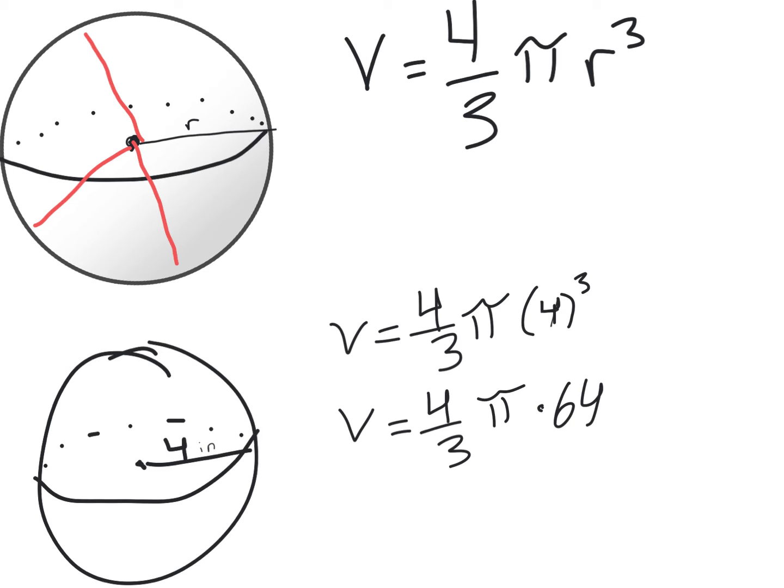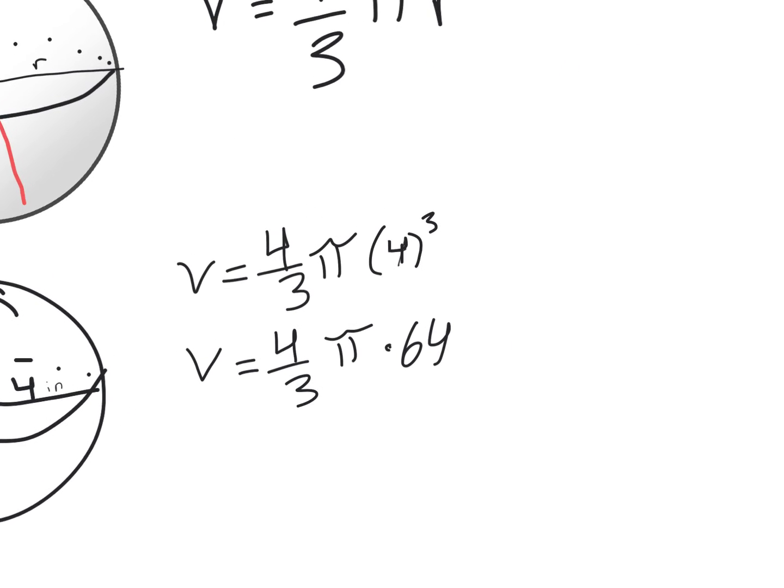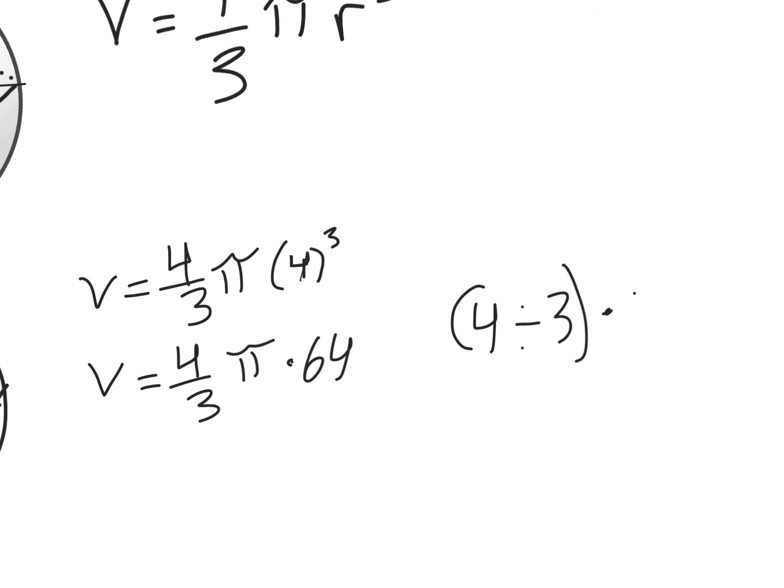And you could put that into your calculator as parentheses 4 divided by 3, and then multiply that by pi times 64. That's probably the easiest way to put this into a calculator. So I would type it into my calculator like this, parentheses 4 divided by 3, times pi, use the pi button, times 64.